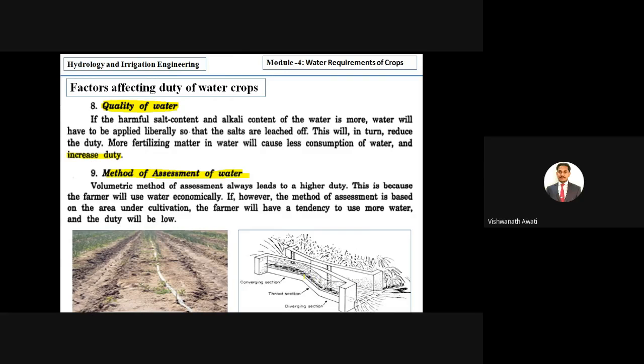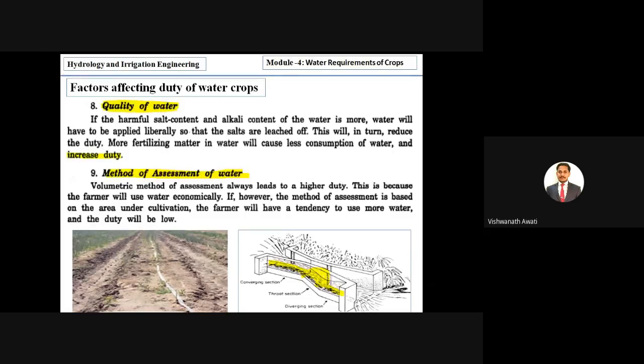From this we get the velocity of flowing water and the area of the notch, and from this we can calculate the discharge per unit time, that is, how much water we are releasing to the agricultural land. Volumetric assessment always leads to higher duty because of the accurate calculation of the amount of water. The farmers will use water economically, calculating and using it carefully.